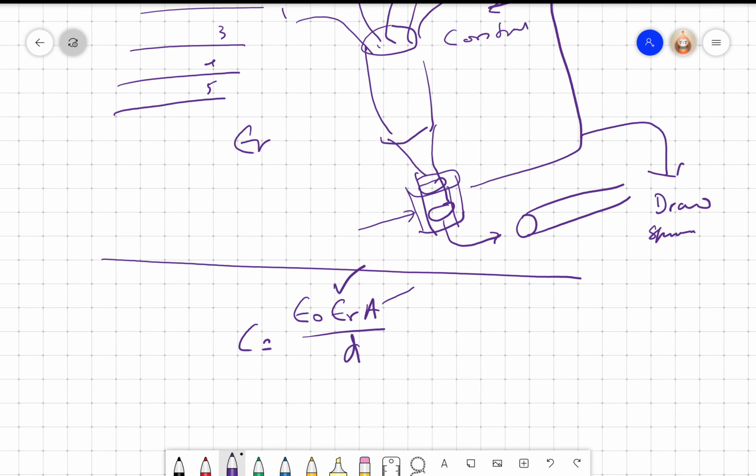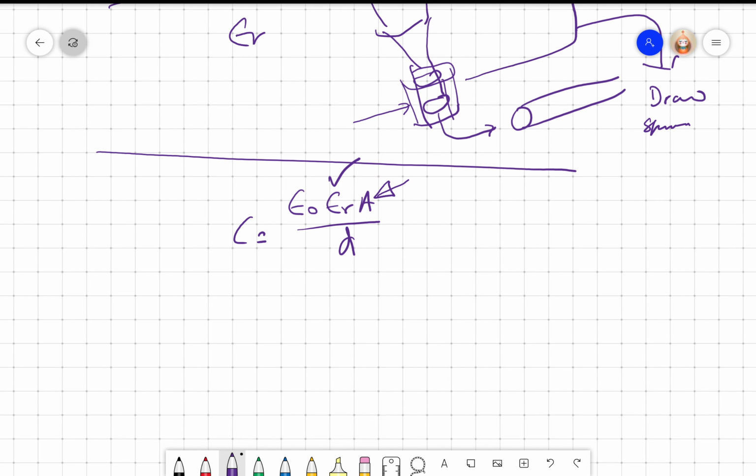Now we look at A. As already said, unlike the inductive transducer, where area is not at all used, we use area in capacitive sensors quite extensively, right? So there are several ways of doing it. The first way is that I have a structure like this, right?